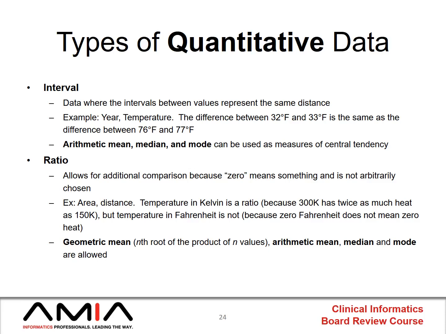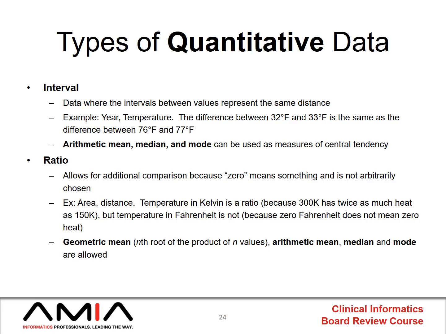It is the absence of heat. So we can say that the Kelvin scale is a type of ratio data. 0 Fahrenheit does not mean the absence of all heat. And so Fahrenheit is an interval scale, but Kelvin is a ratio scale.